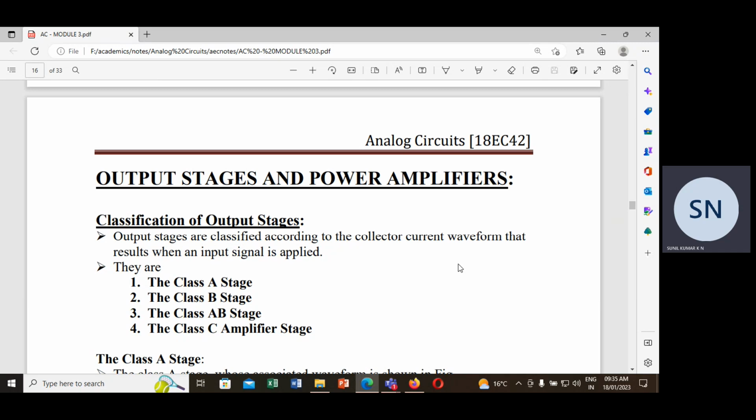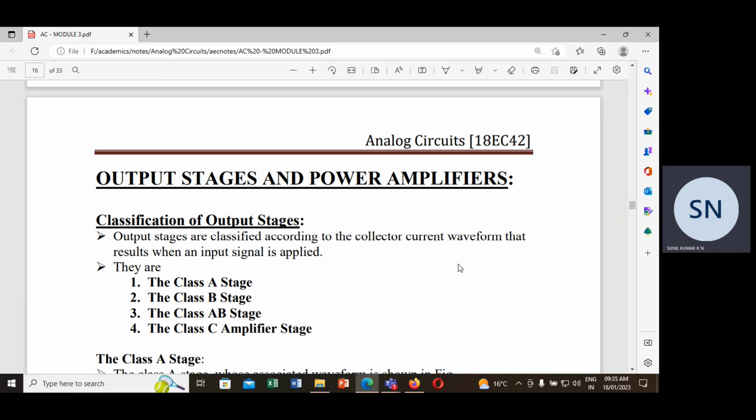That power amplifier will be working with respect to both V and I, not only a single one. Suppose it is a single stage amplifier: voltage will be given as an input signal, voltage will be amplified. Current will be given, current will be amplified. Voltage will be given and you get current as the output, or current will be given and current will be the output.